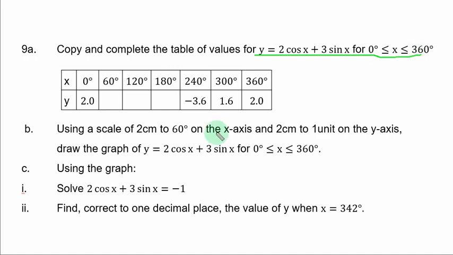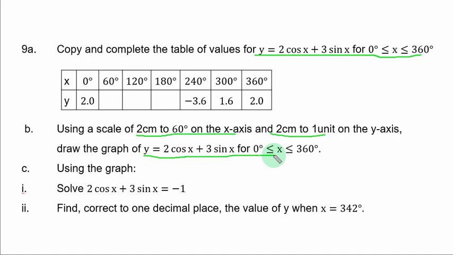B part of the question, using a scale of 2 cm to 60 degrees on the x-axis and 2 cm to 1 unit on the y-axis, draw the graph of y equals 2 cos s plus 3 sin s over the range of values of s.